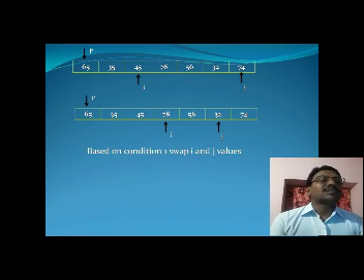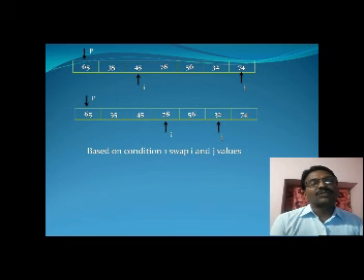Now check again. I represents 45, j represents 74. Compared with 65, I is lesser, so move to the next index. In the same way, j represents 74, which is greater than the pivot element, so decrease j.